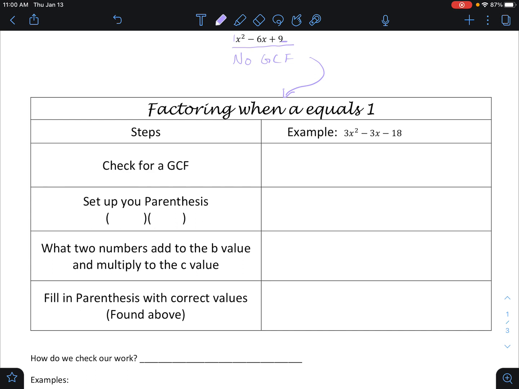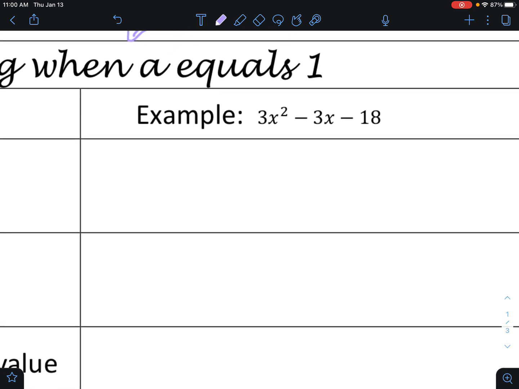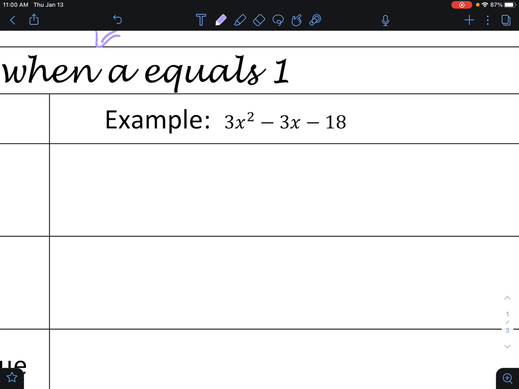Looking at this, the first step says check for a greatest common factor, just like we did yesterday. If I look at this quadratic, my coefficients are 3, 3, and 18. So the greatest common factor of 3, 3, and 18 is in fact 3. We're going to put that out front, and then we're going to put our leftovers back in the parentheses, just like we did yesterday.